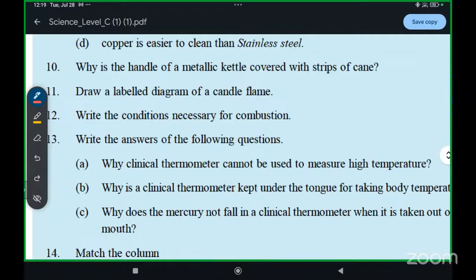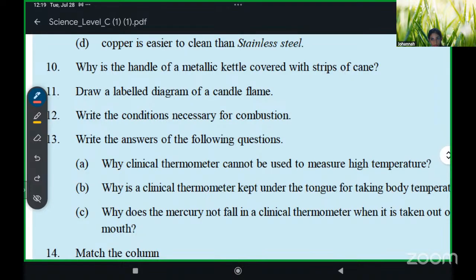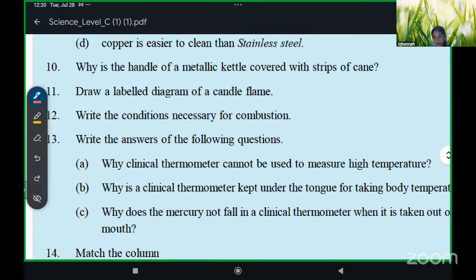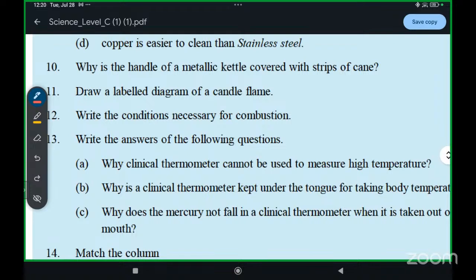Okay, if you remember, I taught you three conditions necessary for burning. Can Hannah tell me what are those three things that are necessary for burning to take place? Can you repeat that again, ma'am? Yes. What are the three things necessary for burning to take place, burning to happen?